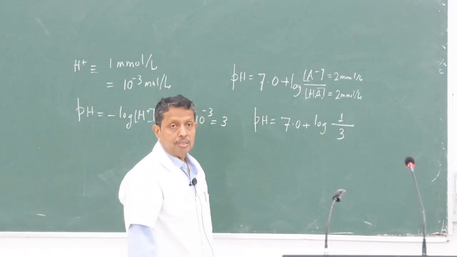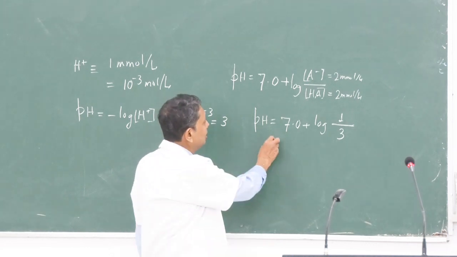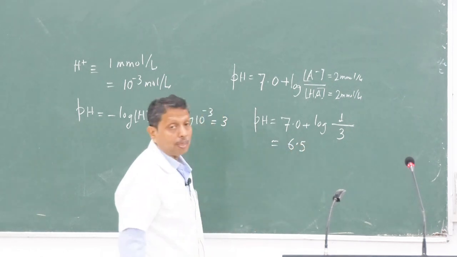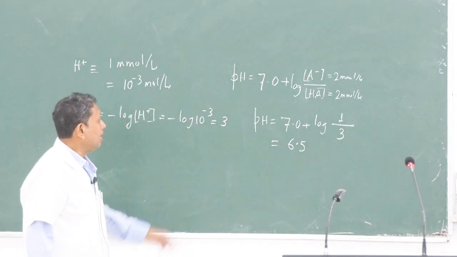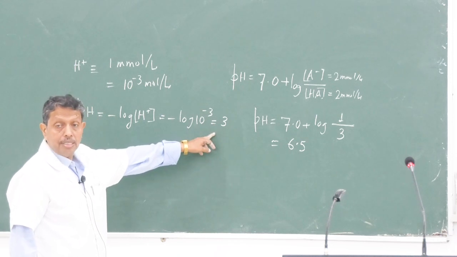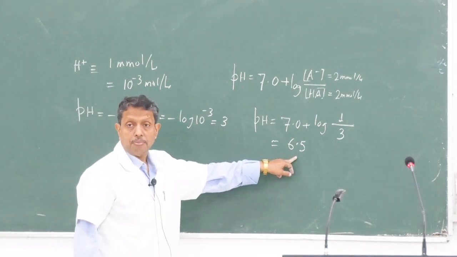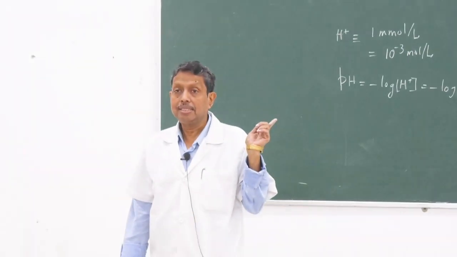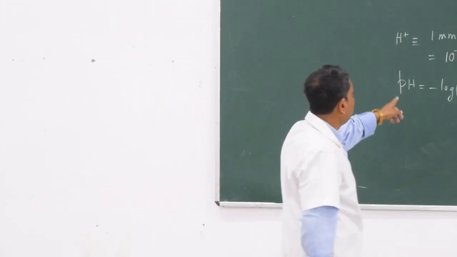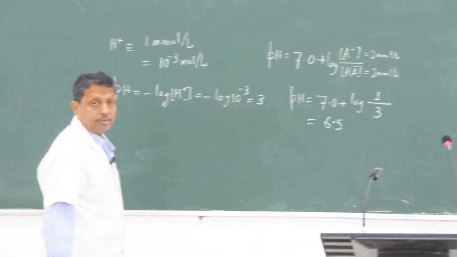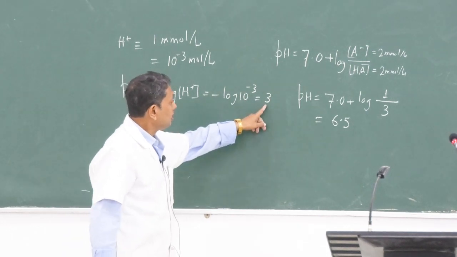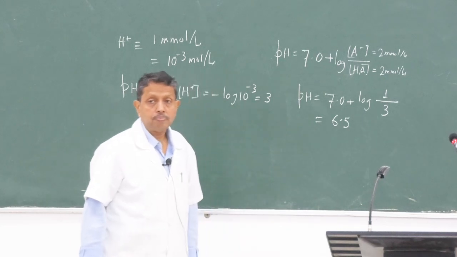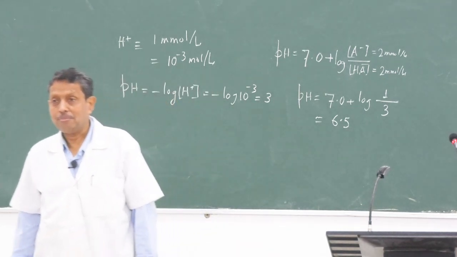So it becomes equal to 6.5 or so. In this case the pH is 3, and in this case the pH is 6.5. Clear? Originally the pH was 7.0, and in water it is reduced to 3, but here the reduction is only to 6.5.